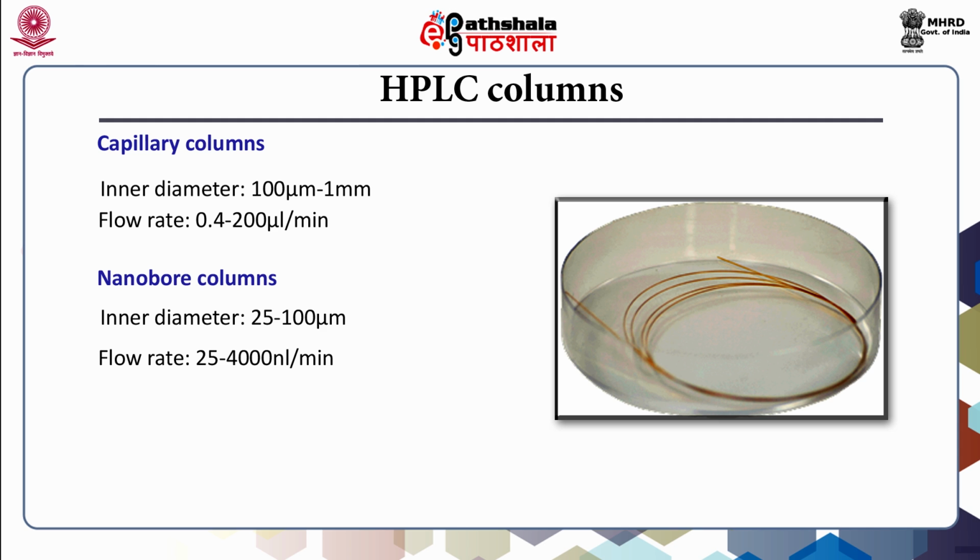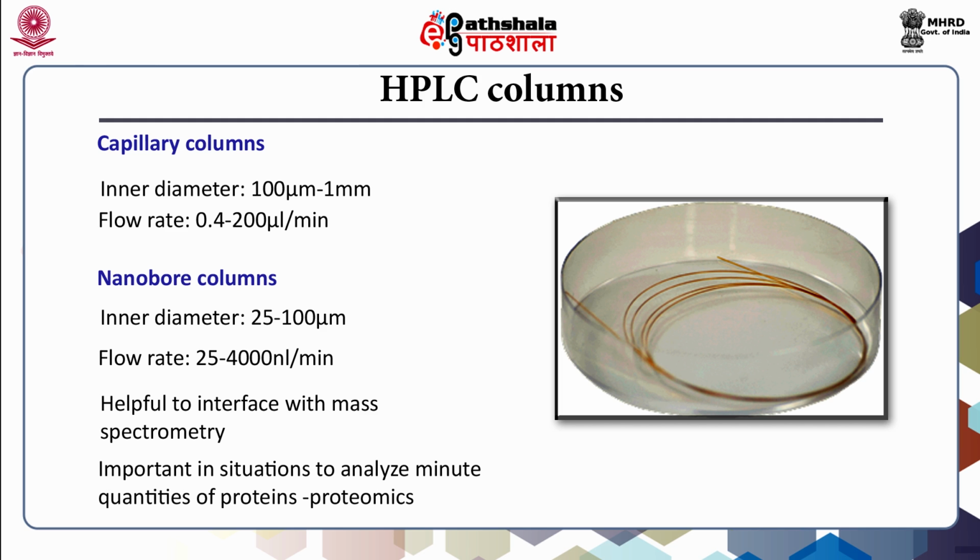The nanobore columns are mainly helpful at the interface with mass spectrometry. These columns are important in situations where we analyze minute quantities of proteins, especially in proteomic studies. So, these nanobore columns are mainly useful in proteomics studies.